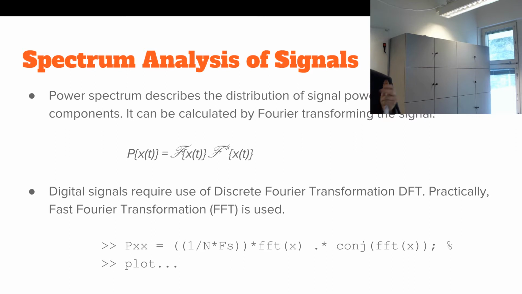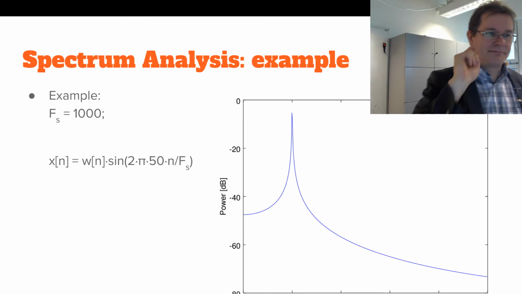So if you have, say, 50,000 samples and want to do a Fourier transformation, you would be better off adding 14,000 zeros at the end of your record to reach 64K samples, compared to going to the discrete Fourier transformation. But anyways, 2 to the power of n.